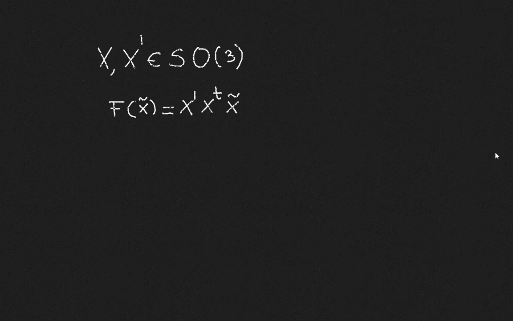So this is just a linear function. Let's write it this way: F of R equals X' X transpose R. So it takes every matrix and multiplies it by a fixed matrix. This is linear on the whole set of 3 by 3 matrices.